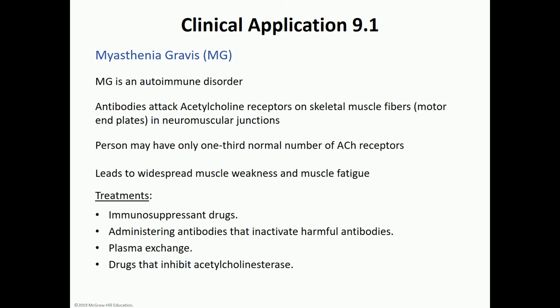So we will give them a drug that inhibits that enzyme, so we are keeping up the level of acetylcholine, preventing its destruction, and trying to compensate for the low levels of receptors.